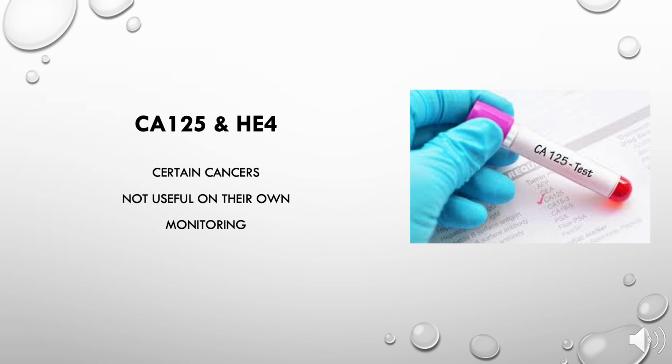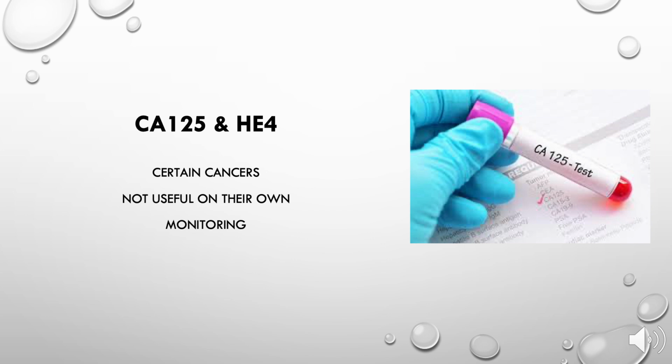So one of the laboratory tests that we use is CA-125. CA-125 levels are often high in people with ovarian cancer, especially with the more advanced cases. So the CA-125 test can help determine if treatment is working or if the cancer has returned. And the disadvantage of CA-125 is that it can be elevated in other cancers, which includes uterine, fallopian tube, pancreatic, breast, colorectal, lung, and stomach cancers.